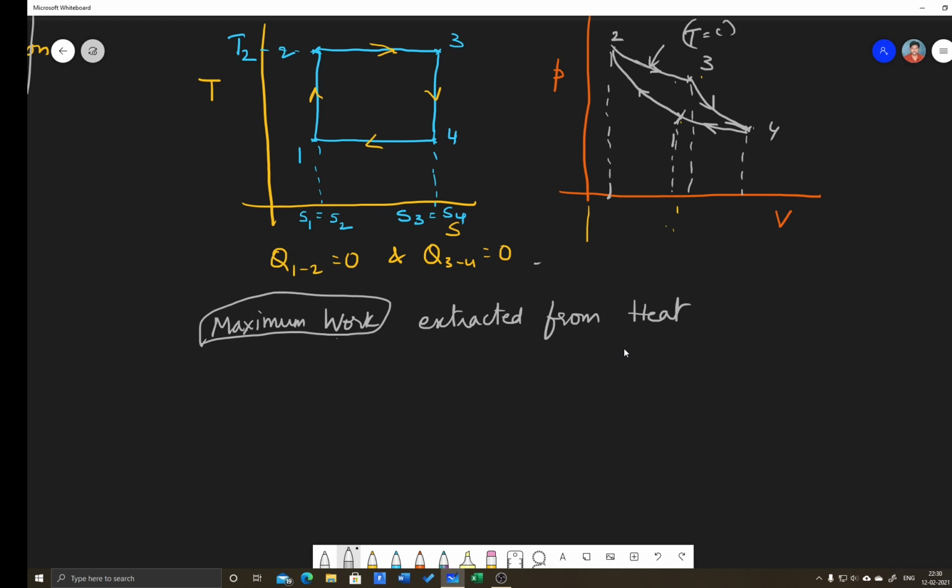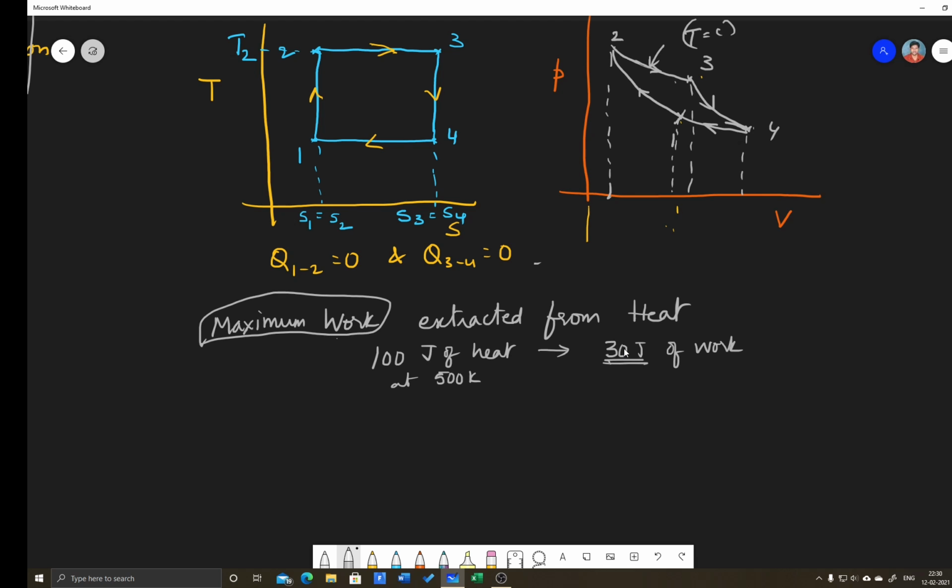So beyond this, this can be explained like this. Say suppose there is 100 joules of heat. From this 100 joules at a temperature of say 500 Kelvin, if Carnot cycle says this can be converted into 30 joules of work, that means whatever the cycle you use, this will be the maximum.